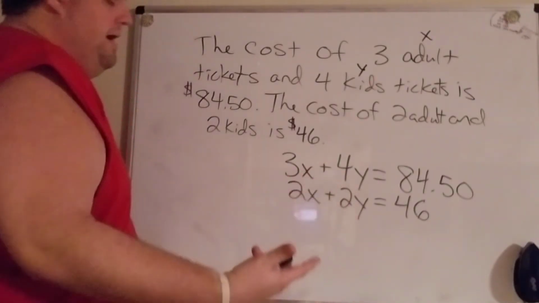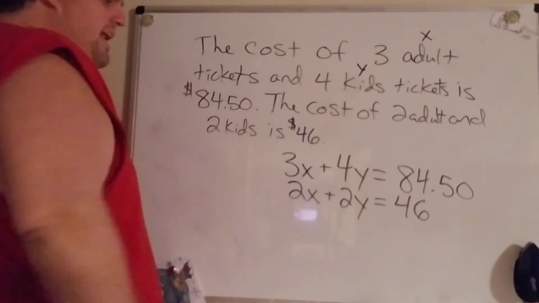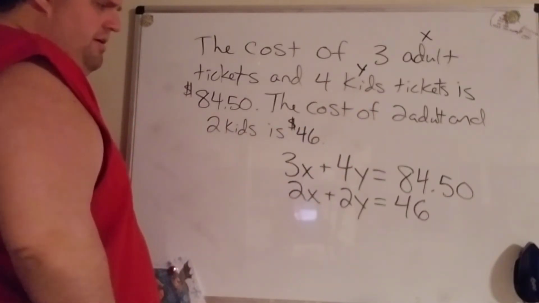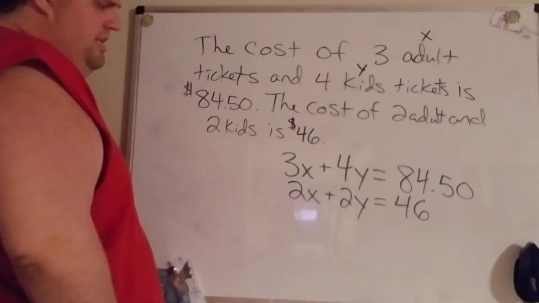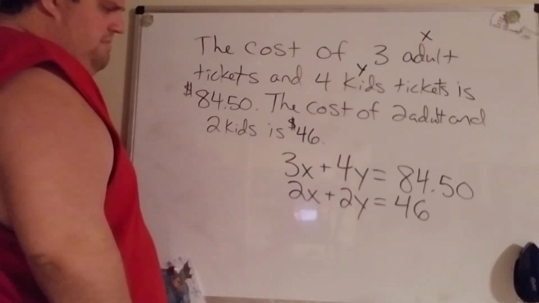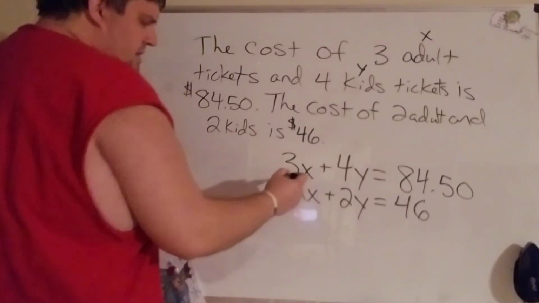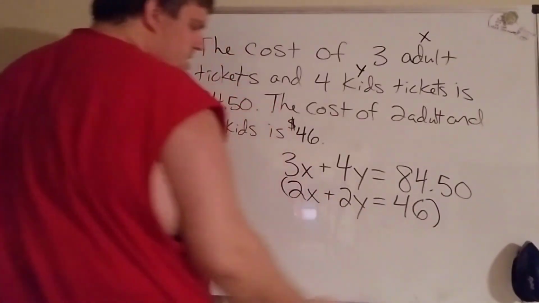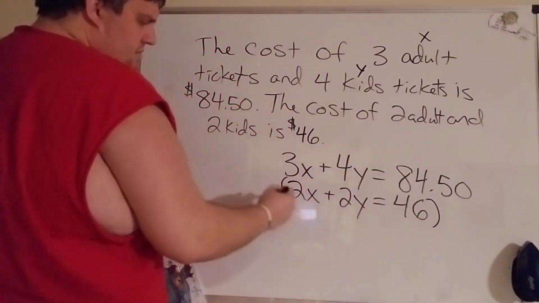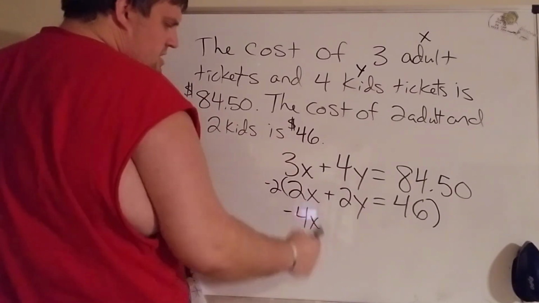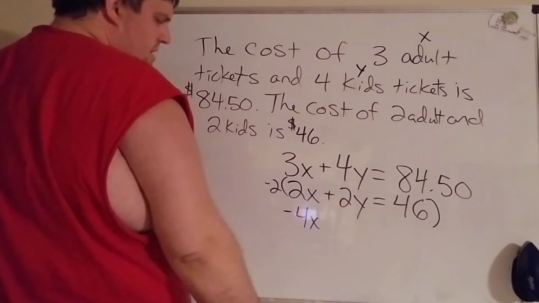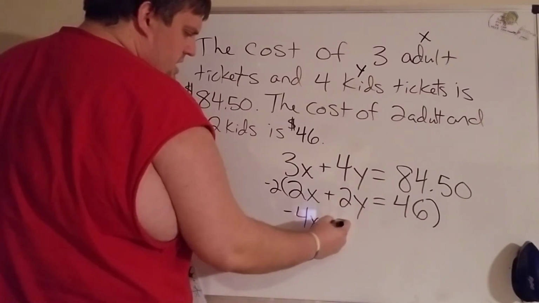I have no idea if that's going to turn out nice because I just randomly came up with those prices. But the setting it up part is, I think, the most important part here, right? So let's say we, I guess we can multiply the bottom, right? Let's make it 4. Let's go negative 2. So that's going to be negative 4x. That's going to be negative 4y.